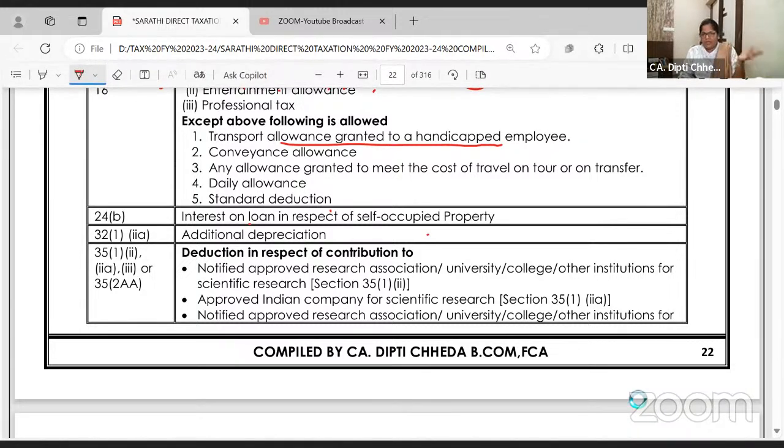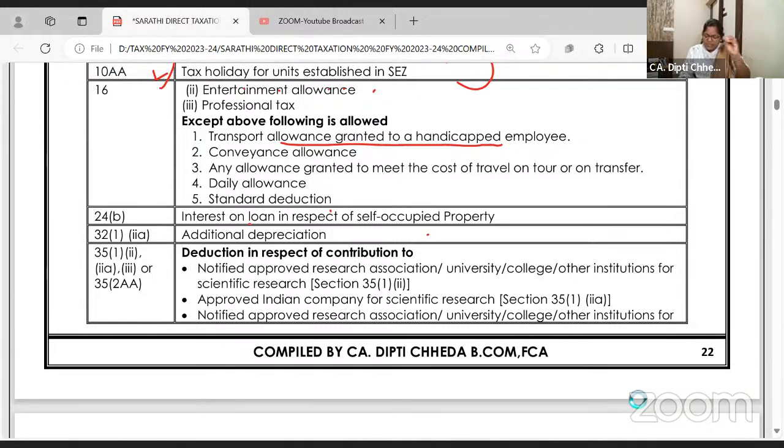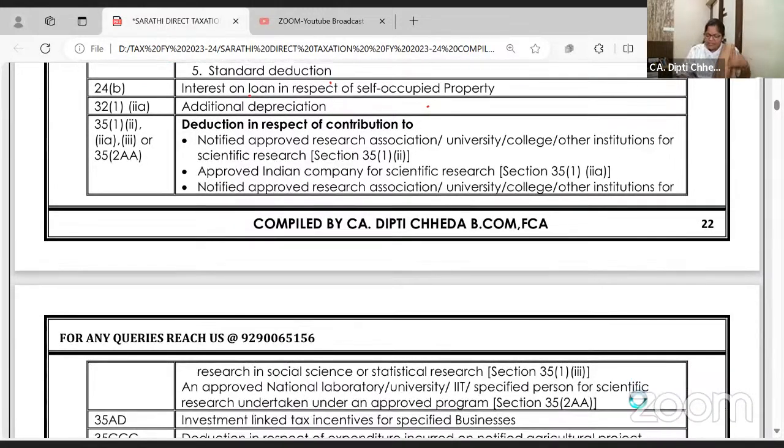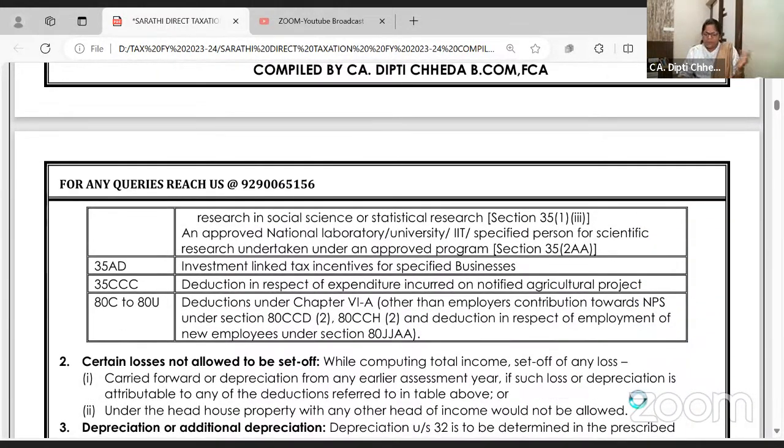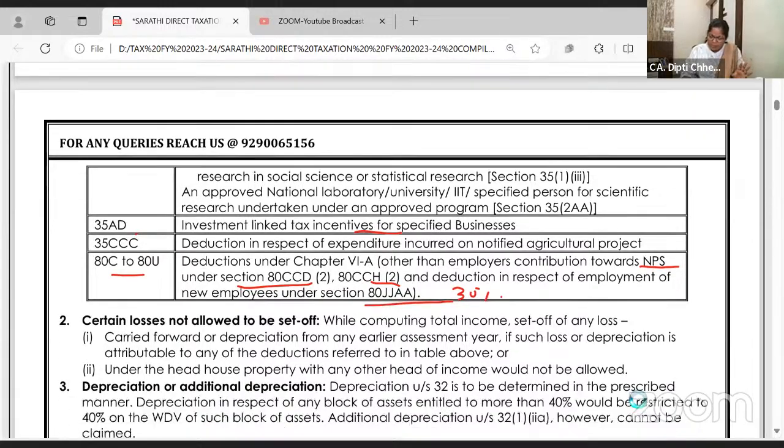Interest on loan you cannot deduct. I have just discussed this in the table. Additional depreciation you will not get. Scientific research in-house, outside, national laboratory, you will not get in the default tax regime. 35AD specified businesses, cold storage, warehouse, no, you will not get. 35CCC, you will not get. 80C to 80U, you will not get any deduction in the default tax regime, except employer's contribution to the National Pension Scheme, Agniveer Corpus Fund contribution by employer, and 80JJAA, 30% of additional employment.